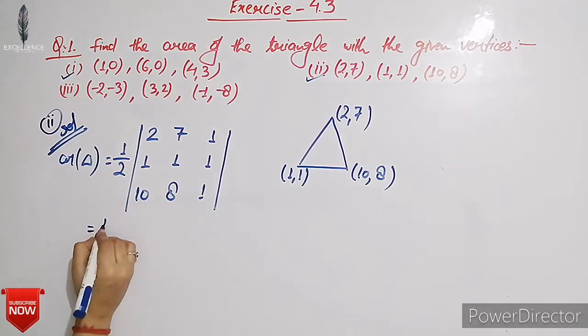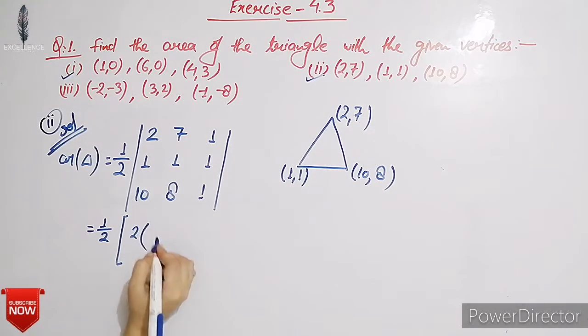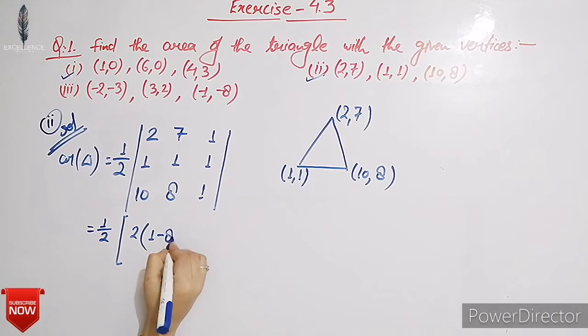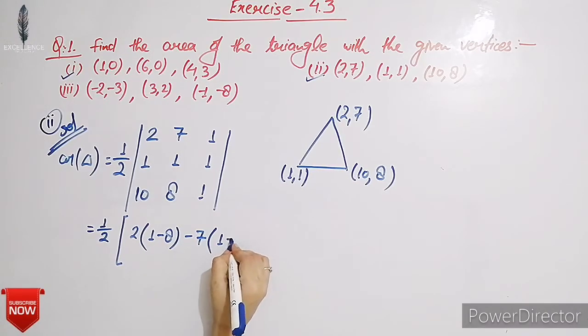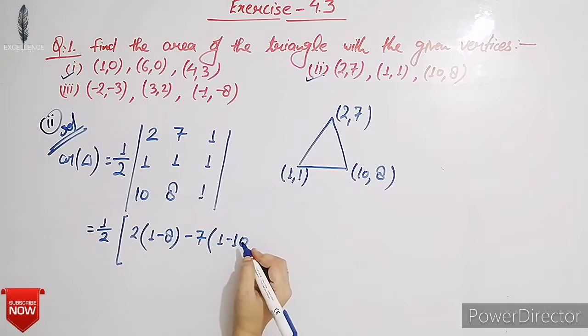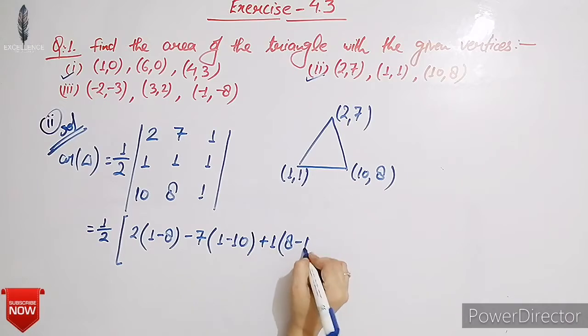On expanding, we have 1 by 2, here 2 into 1 minus 8 minus 7 into 1 minus 10 plus 1 into 8 minus 10.